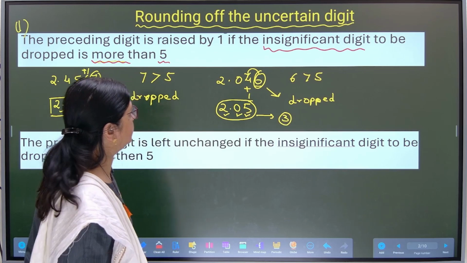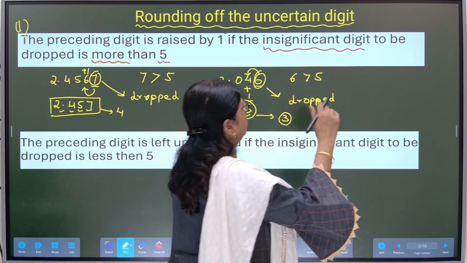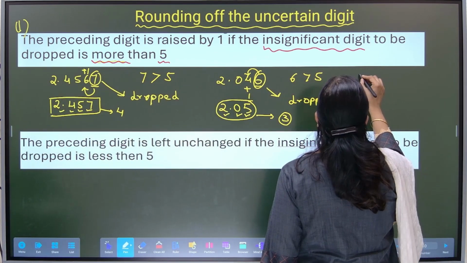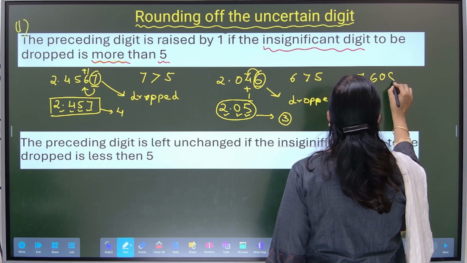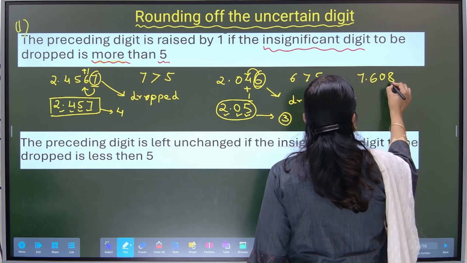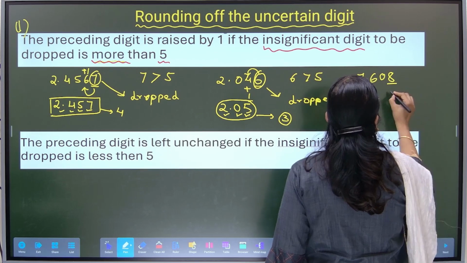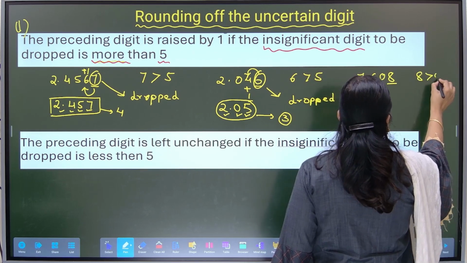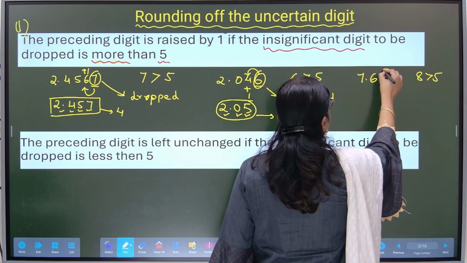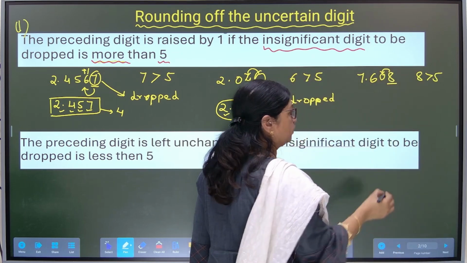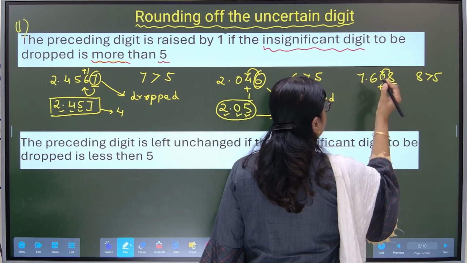Similarly, we can go for another example with 7.608. Again, 8 is underlined. 8 is greater than 5. So 8 must be dropped, and I should go to the previous digit 0, add 1 there and write.